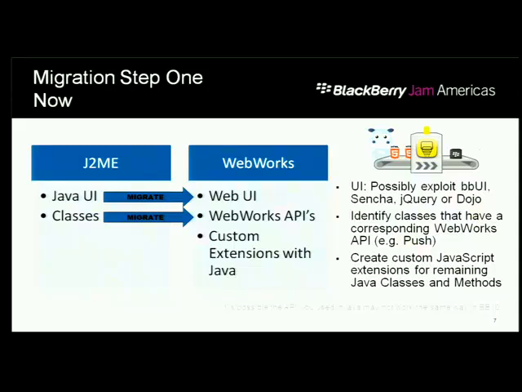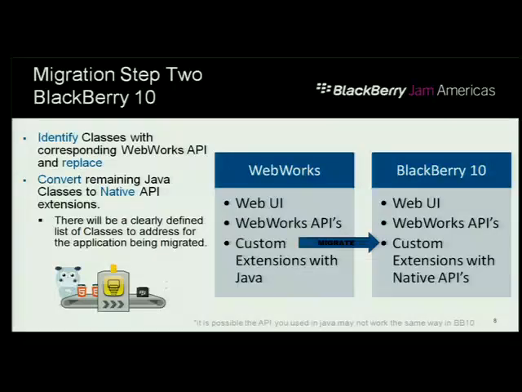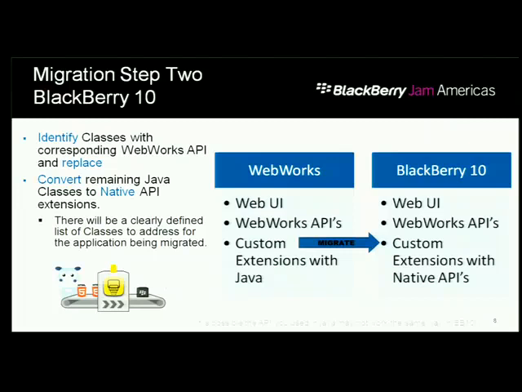Now, keep in mind, too, this custom extension piece, if you're doing the migration strategy now, some of the customers we worked with over the years have been building these custom extensions in Java because they want the app to run on their Java devices as well. And then migrating that over to BlackBerry 10 would be their secondary step, which is the next slide.